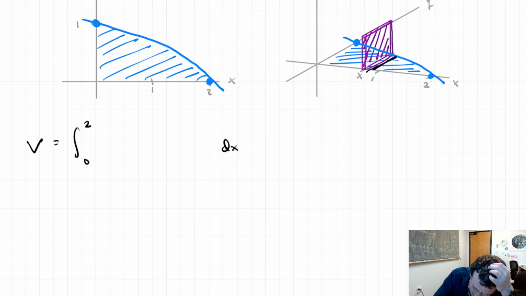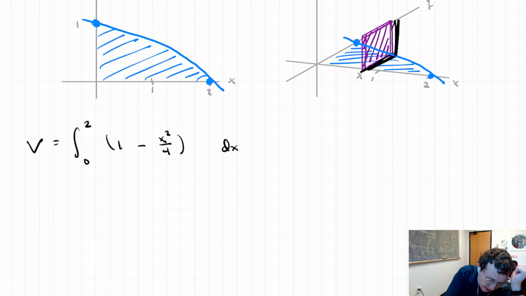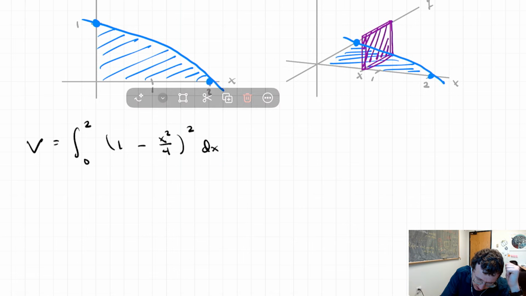And then this side is given by the equation of the parabola, so it's 1 minus x squared over 4. That's this side, but the cross section is a square, so the other side is the same. So I end up integrating 1 minus x squared over 4, squared, times dx.